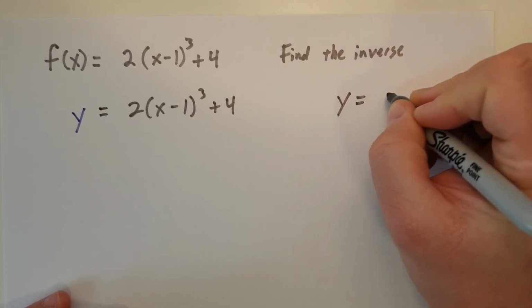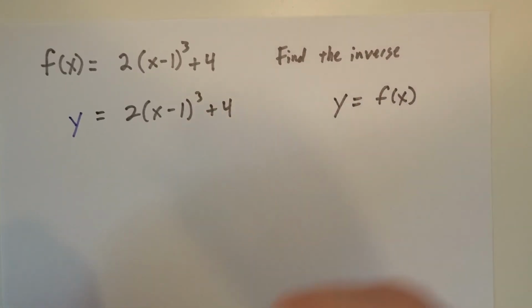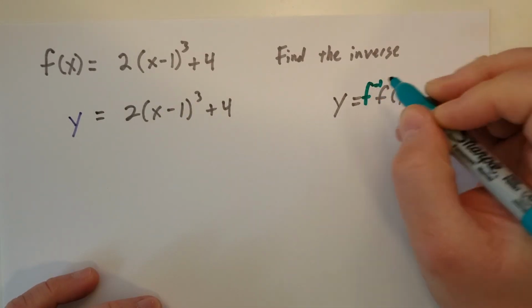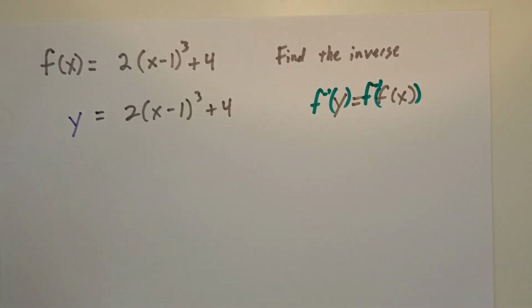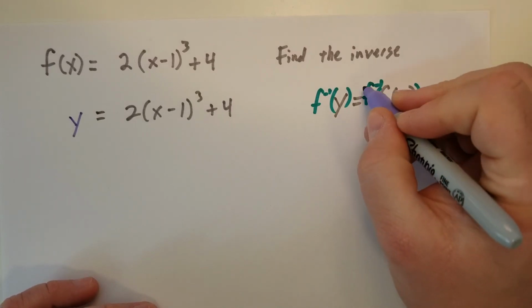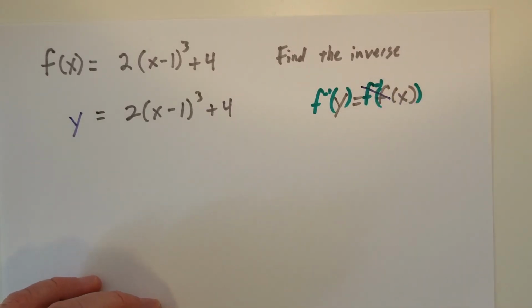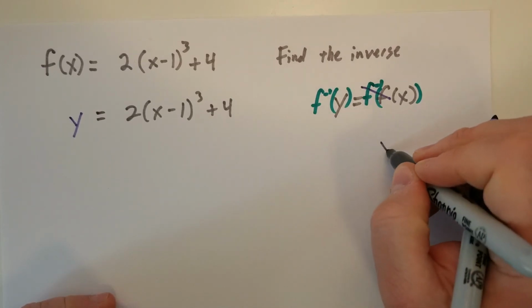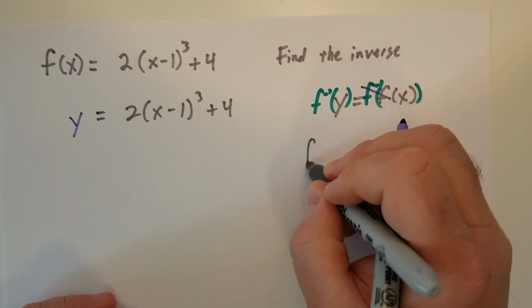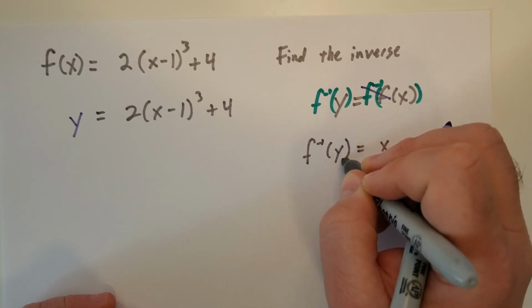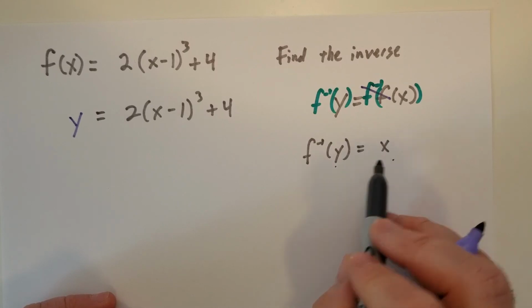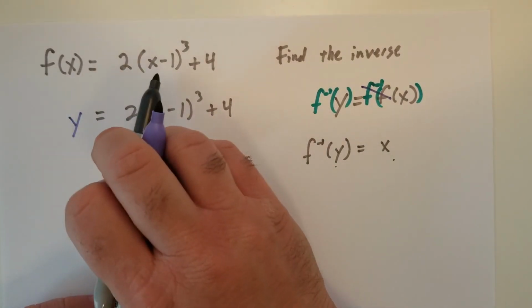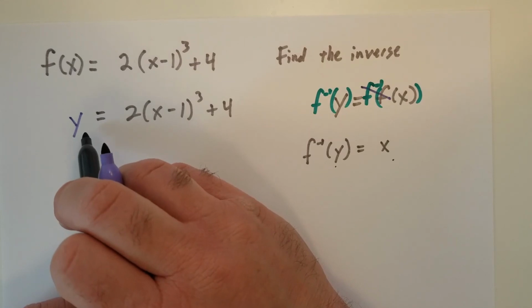And if you have y equals f of x, and then you do the inverse equation to both sides, on the right-hand side, f inverse will undo the f, and you're just left with x. And on the left side, you just have f inverse of y. So in this version, y is the input and x is the output. In this version, x is the input and y is going to be the output.